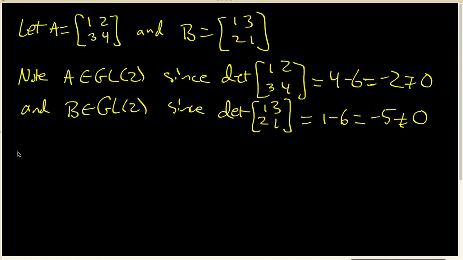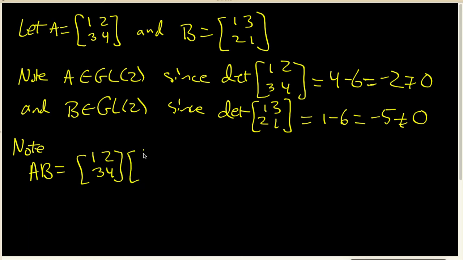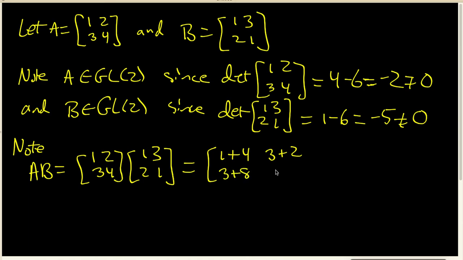Now all I want to do is compute the two products. A times B is going to be 1, 2, 3, 4 times 1, 3, 2, 1. When we compute this product, we're going to get 1 plus 4, here we're going to get 3 plus 2, in this entry we're going to get 3 plus 8, and in this entry we're going to get 9 plus 4.